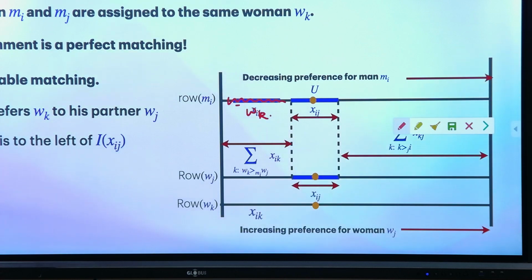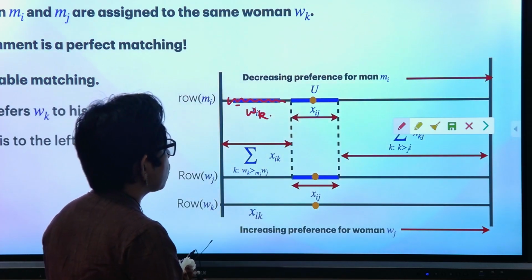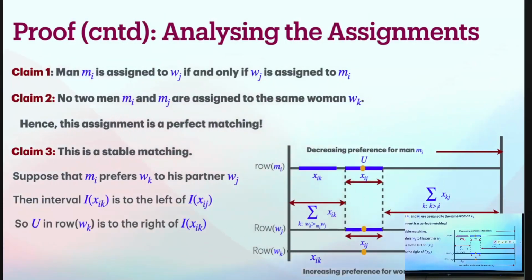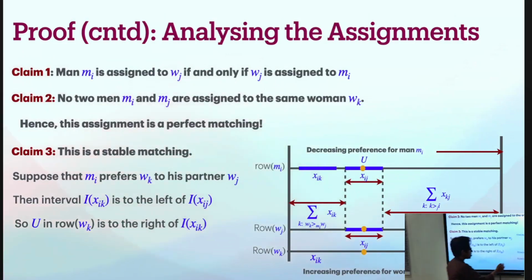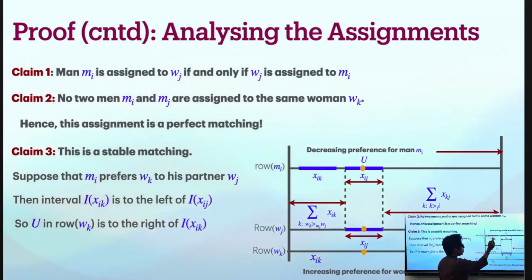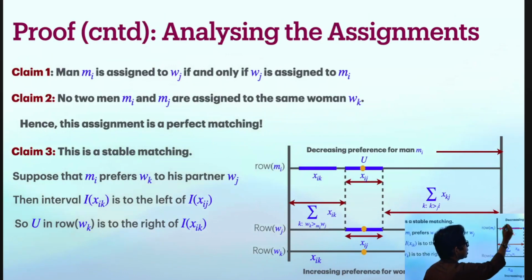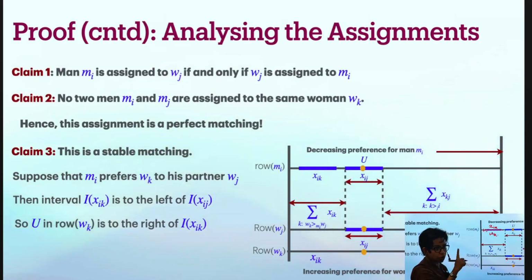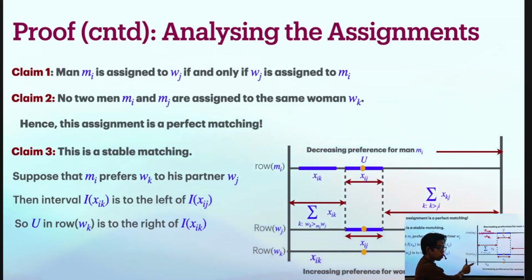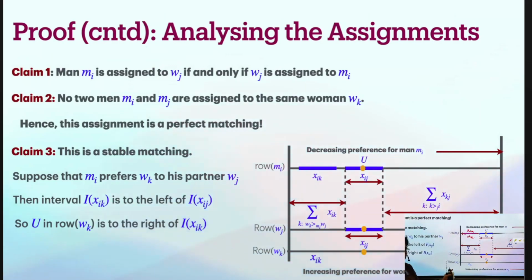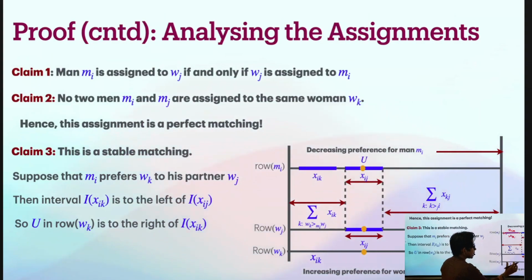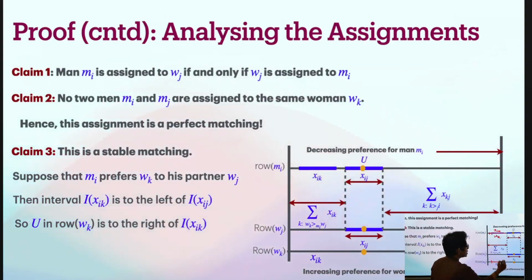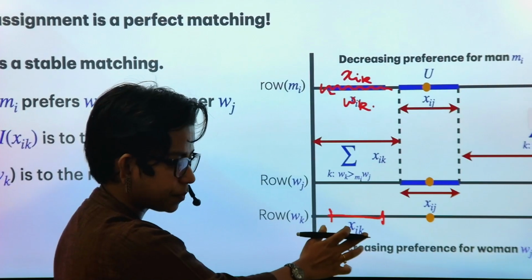Now, what can we say from Wk's perspective? This is Wk here. We know this is the Xik interval, right. Again, due to the coincidence property, when I go to the row of the woman Wk, the same Xik will lie here.